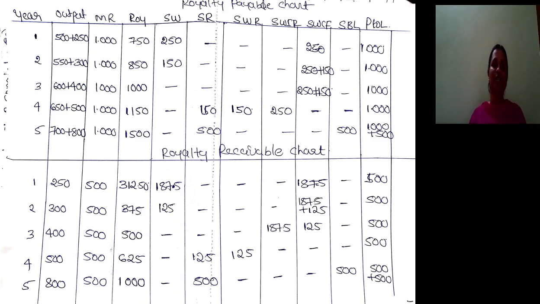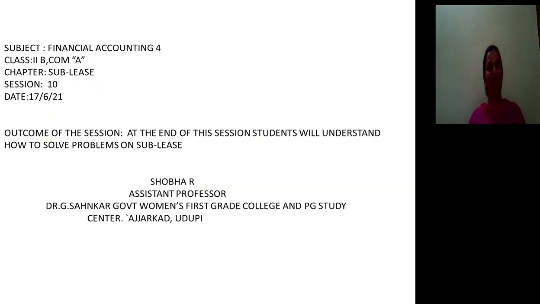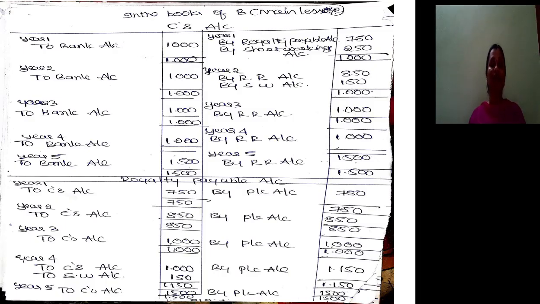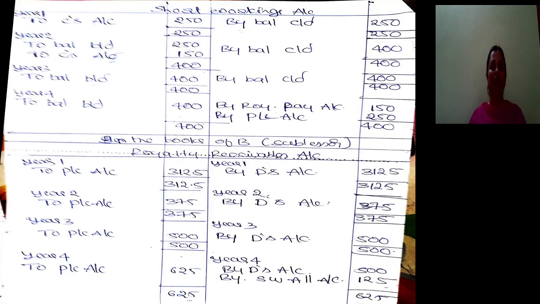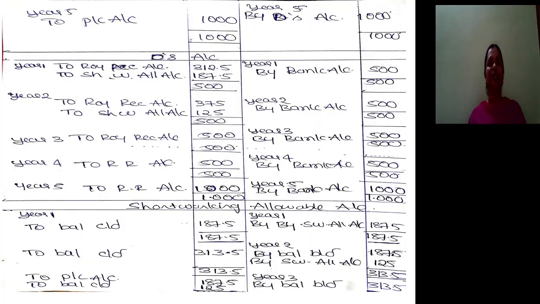Taking all these into consideration, we have to prepare accounts in the books of B being a sublessor. First royalty receivable, then D's account, then short working allowable account.